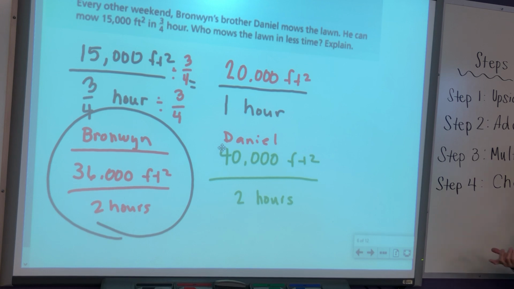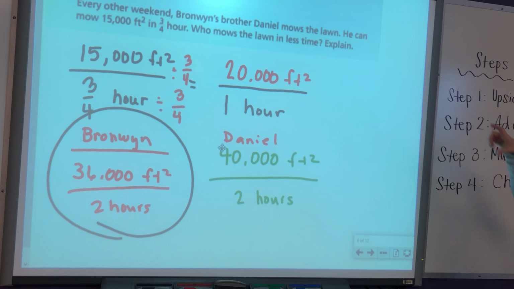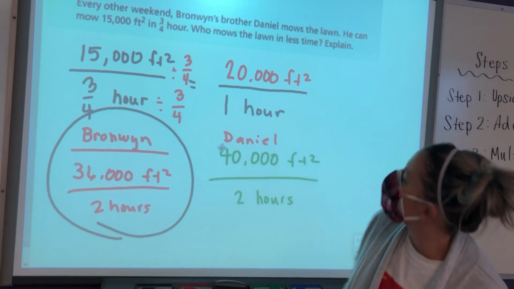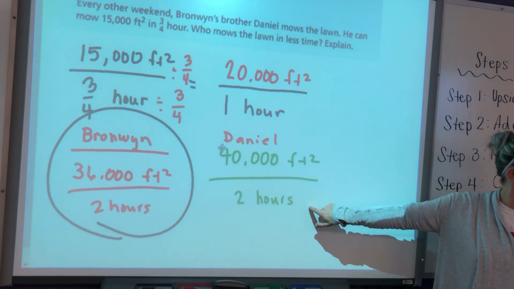This is going to be an estimate, so it's not so important that we focus on the specifics. We just need to get a general idea. I'm confused on how it would be Bronwyn. Oh, no, you're right. It's going to be Daniel.